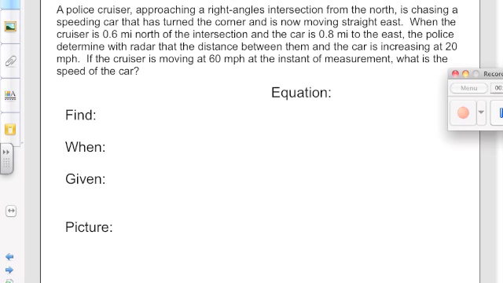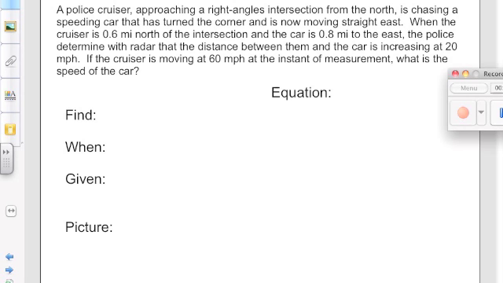So I'm actually trying to find a rate. Isn't speed a rate? Speed is distance over time, which is a change over time.